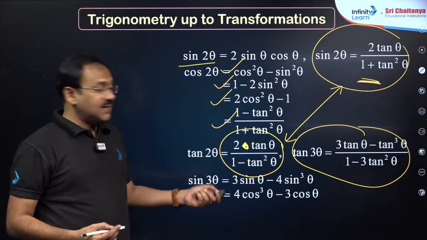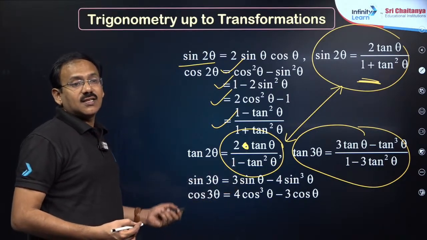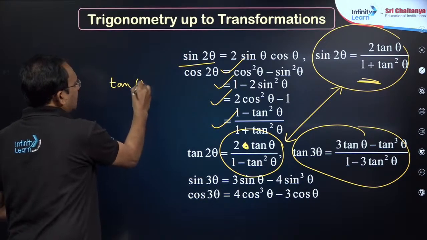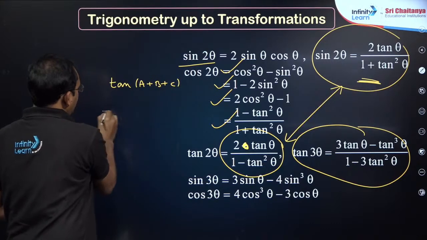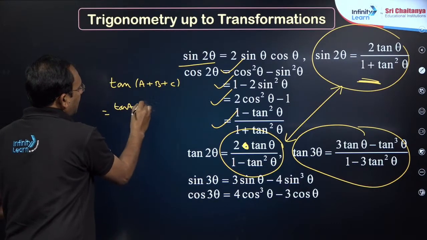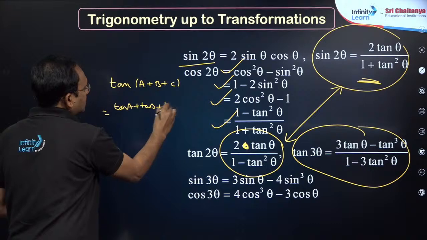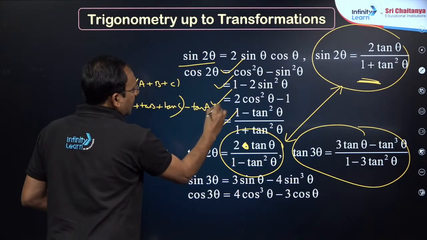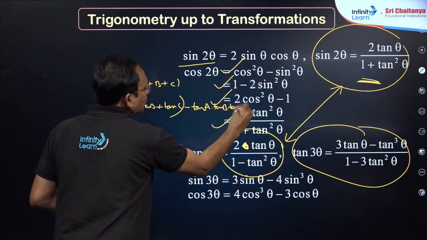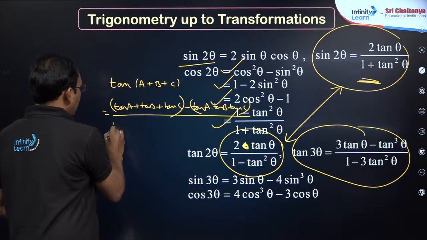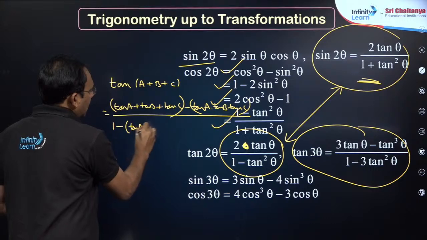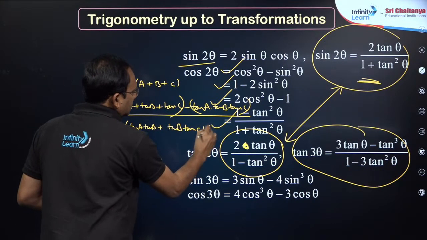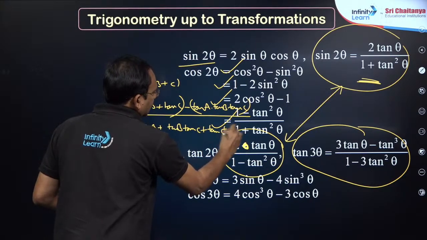Sin 3 theta is 3 sin theta minus 4 sin cube theta. Cos 3 theta is 4 cos cube theta minus 3 cos theta. Right? In the previous one, somebody was asking: tan of A plus B plus C stands for (tan A plus tan B plus tan C minus tan A tan B tan C) by 1 minus (tan A tan B plus tan B tan C plus tan C tan A), that is, S1 minus S3 by 1 minus S2.